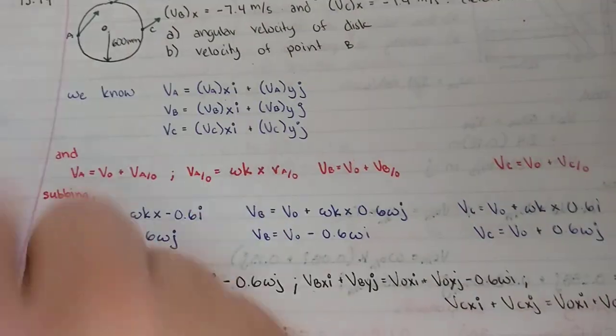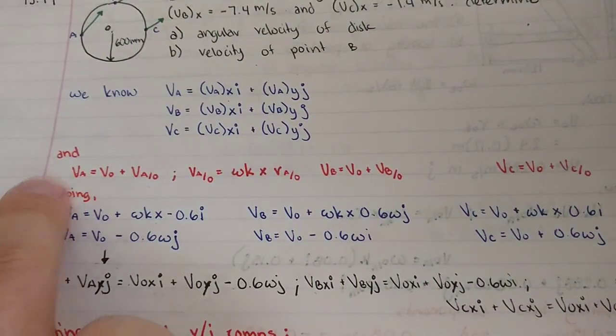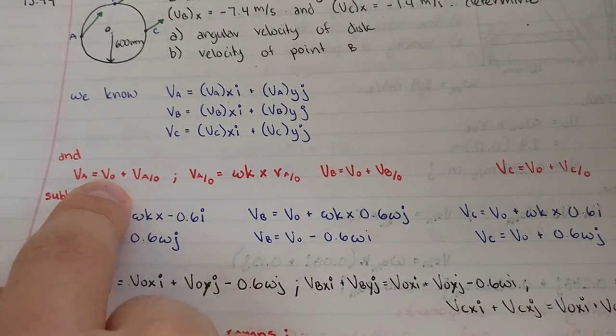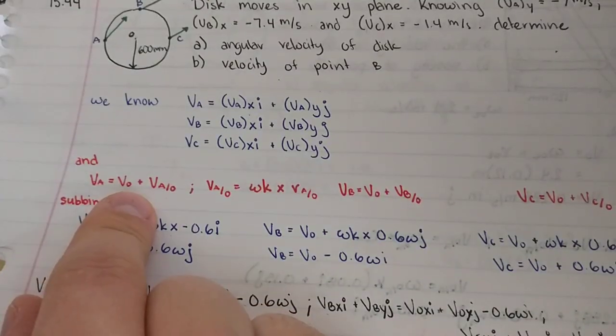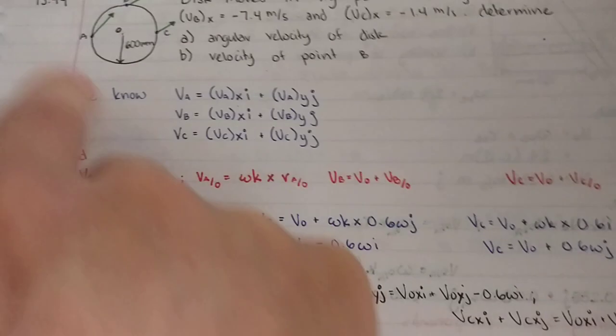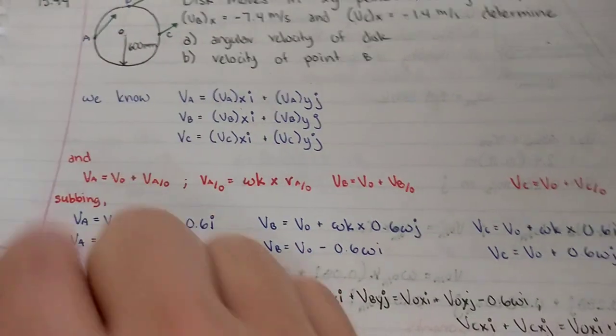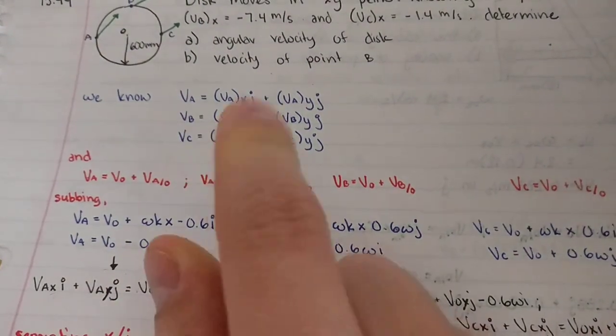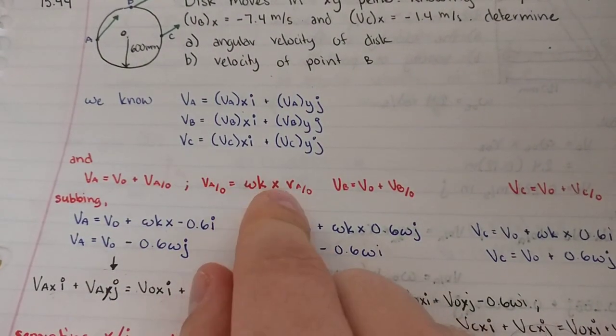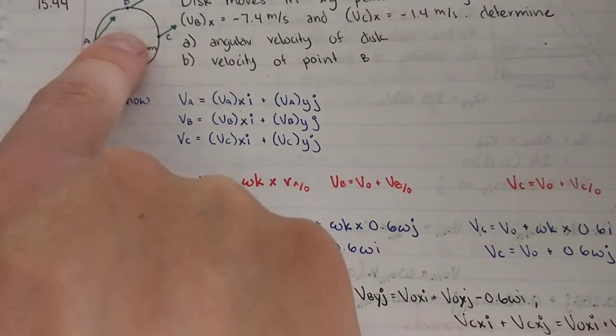velocity at point A is the velocity at v sub 0 plus the velocity of A relative to 0. And we know that the velocity of A relative to 0 is the angular velocity crossed with the radius from A to 0.